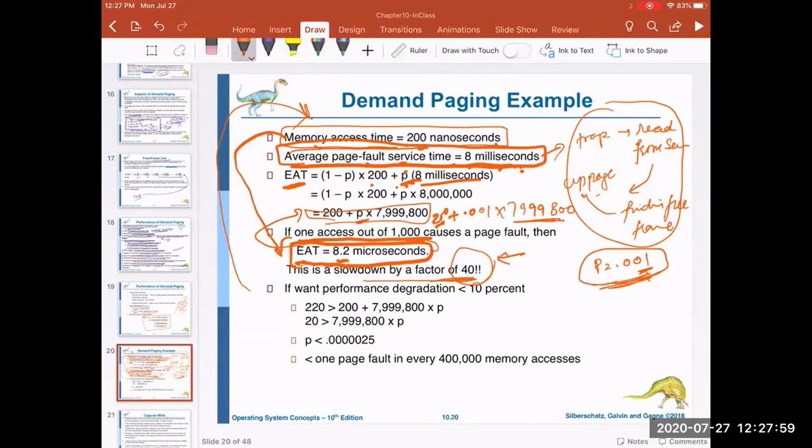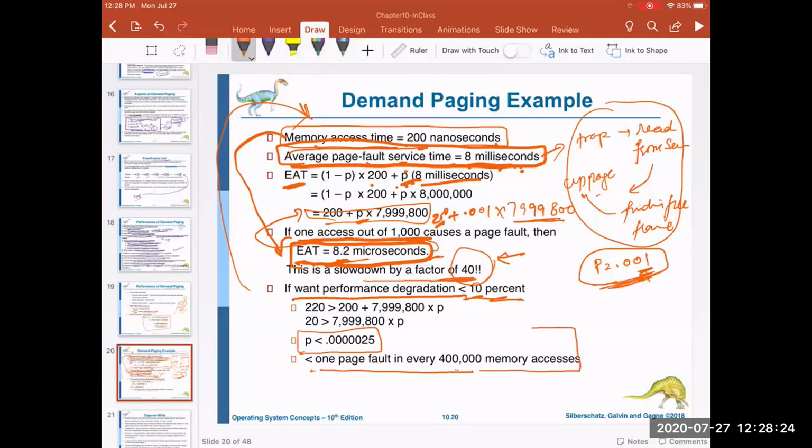So here we are finding the effective access time, which is kind of large with this only. If I want my performance degradation to be less than 10%, I want that one page fault should occur only per 4 million memory accesses.